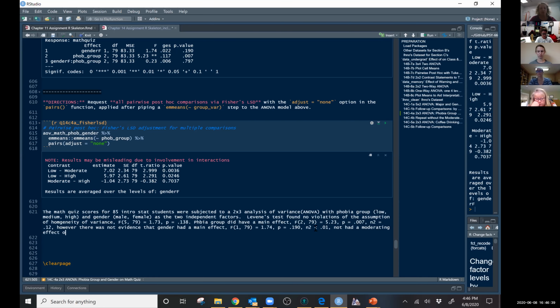Usually we interpret it first, but if it's not significant, we talk about it last. It's not a hard and fast rule, but it tends to flow a little bit better that way.